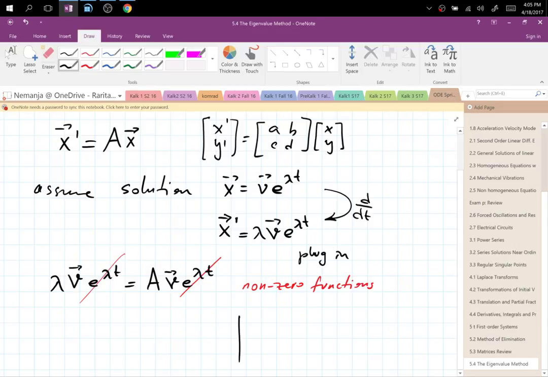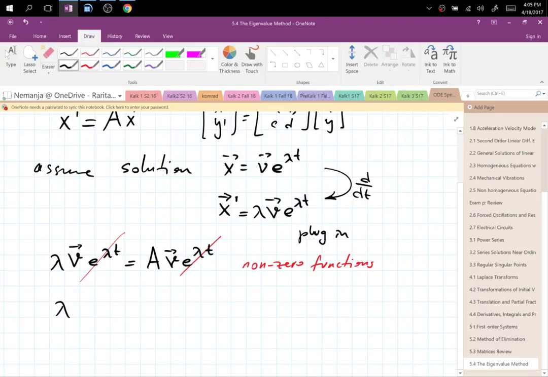E to the x is always larger than 0, so they can't reach 0, so we're okay. That leaves us with lambda v is equal to A times v, and you cannot divide by v, so you have to leave it there.